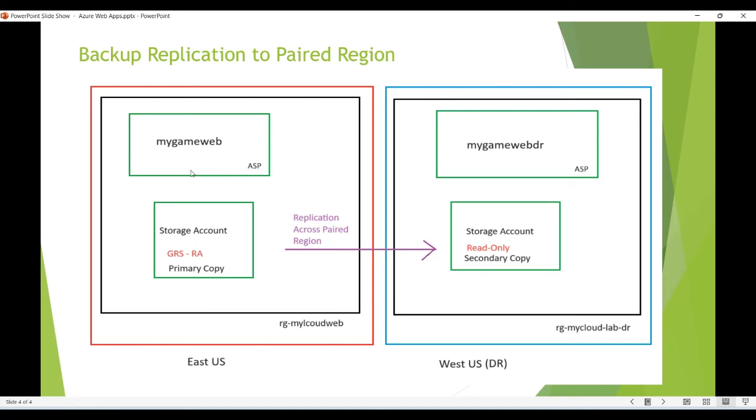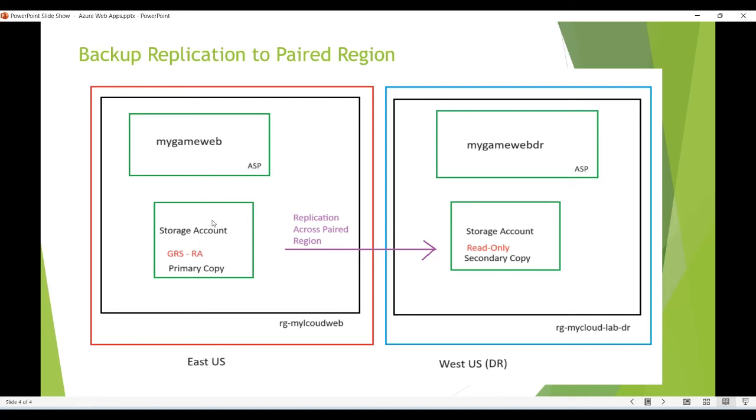So by default, there is an automatic backup configured for the web apps as part of the high availability. But imagine if this complete region is down. Then our web app backup is also down and there is no availability for the application. So for that purpose, we are going to configure custom backup into a storage account.